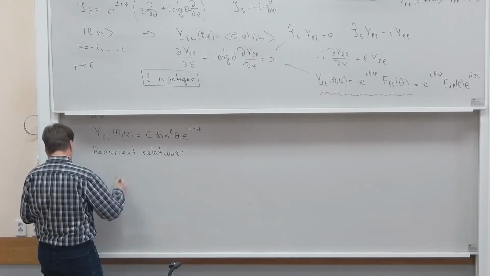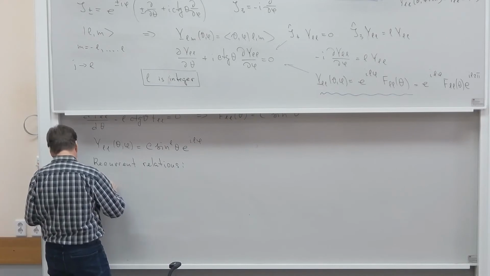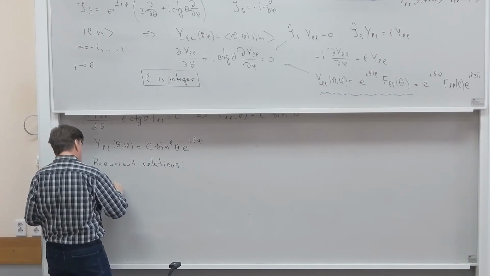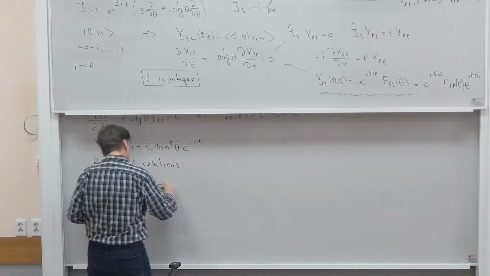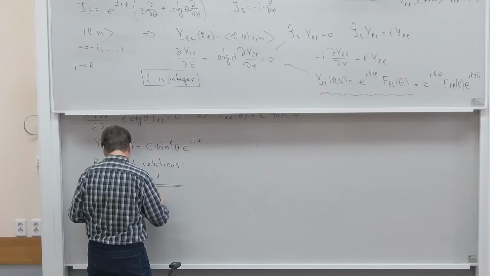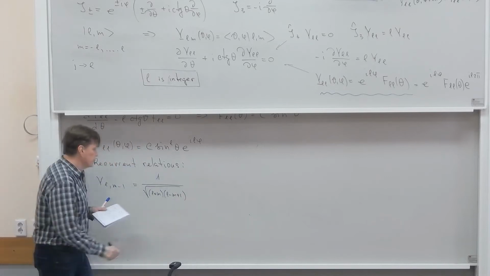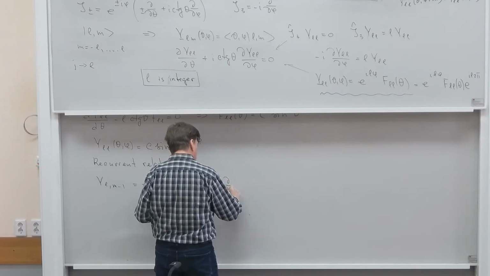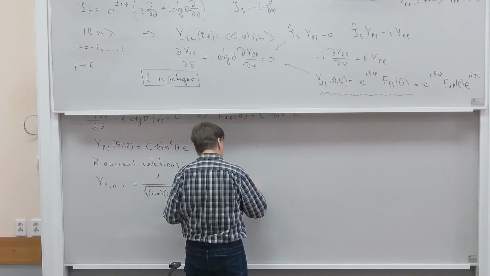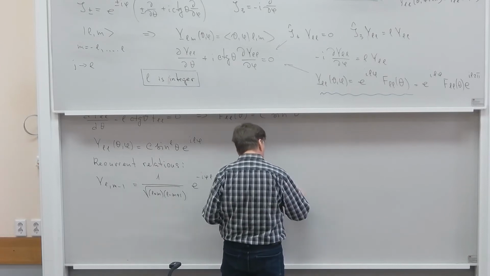With all normalization factors, we get that Y_{L,m-1}, that is the previous function in the sequence, is given by 1 over the square root of (L plus m)(L minus m plus 1), e to the minus i phi, times minus d by d theta plus i cotangent theta d by d phi, acting on Y_{L,m}.